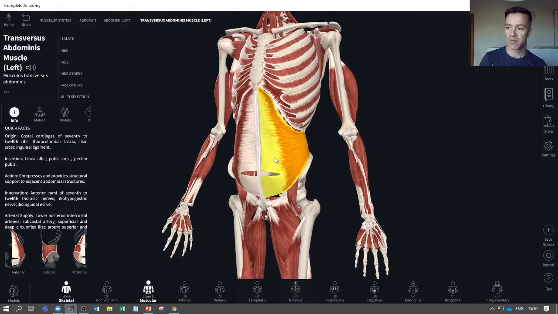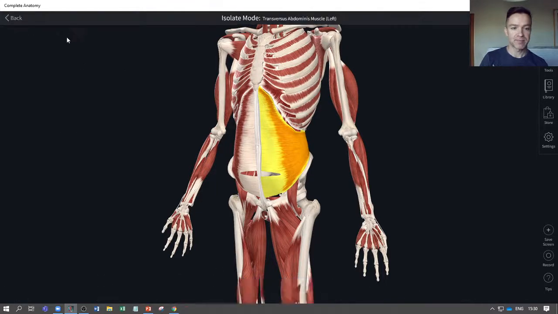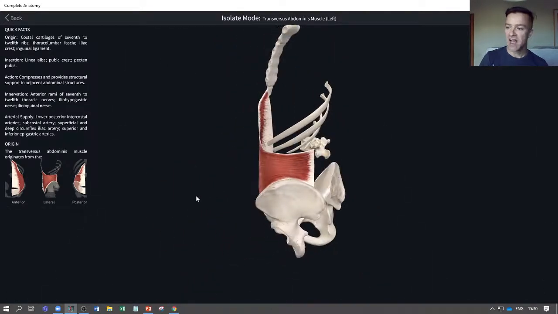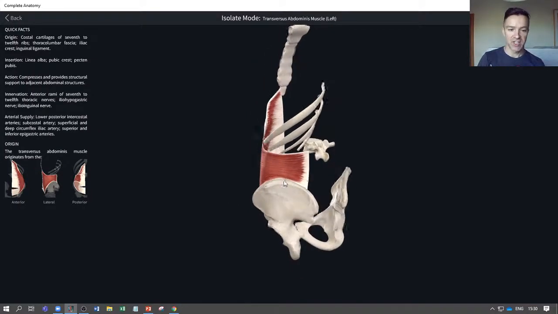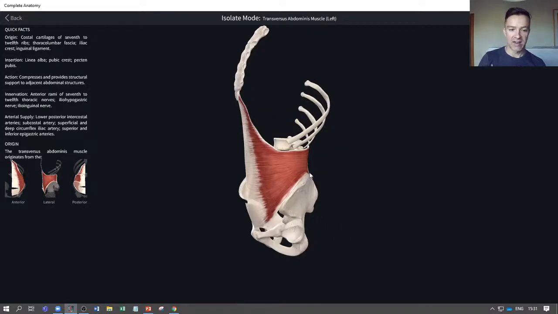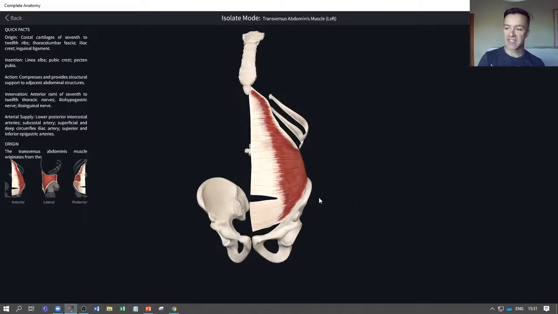They all sit on top of it. It originates on ribs 4 through 7. It also originates on the iliac crest at the back and along the side here, and this muscle inserts onto the linea alba at the front.